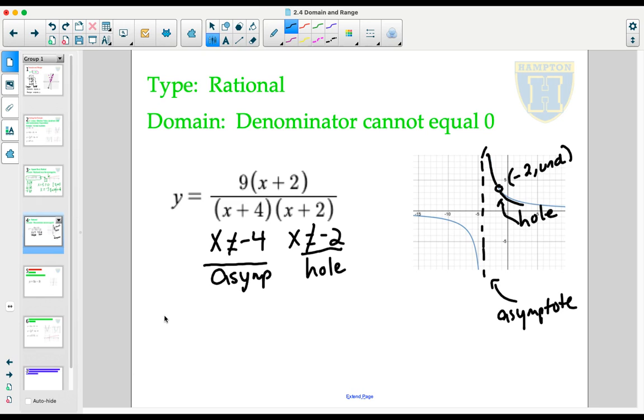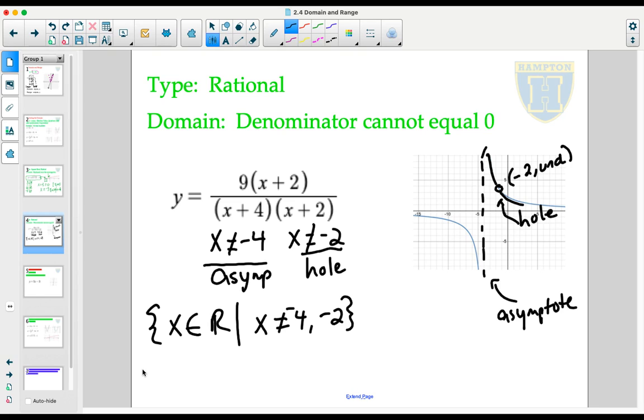we need to be very careful when we write the set notation and the interval notation for this function. In set notation, we of course are going to be in the real numbers, but we're not going to be -4 or -2.